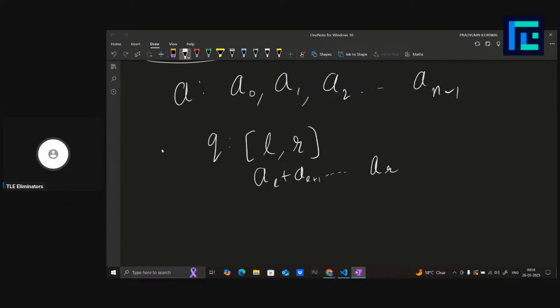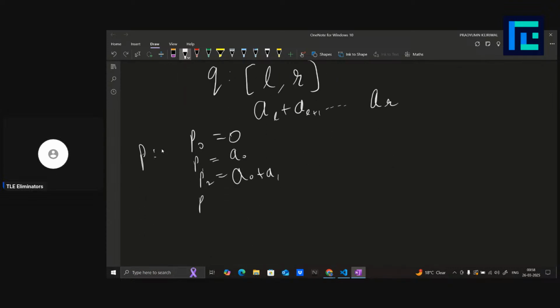Then you can make a prefix array. You can pre-compute a prefix array which is P of 0, which is 0. P of 1 is A0. P of 2 is A of 0 plus A of 1. Then P of 3 is A of 0 plus A of 1 plus A of 2, and so on.